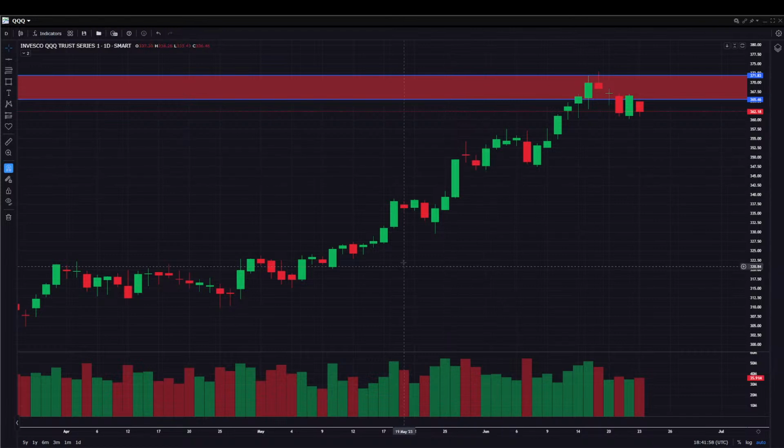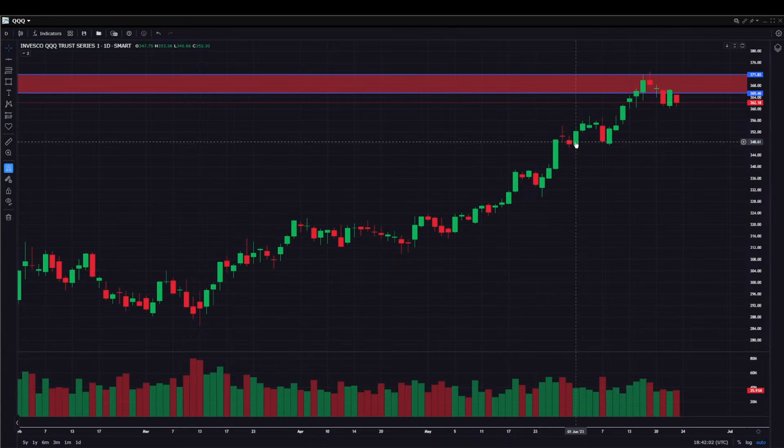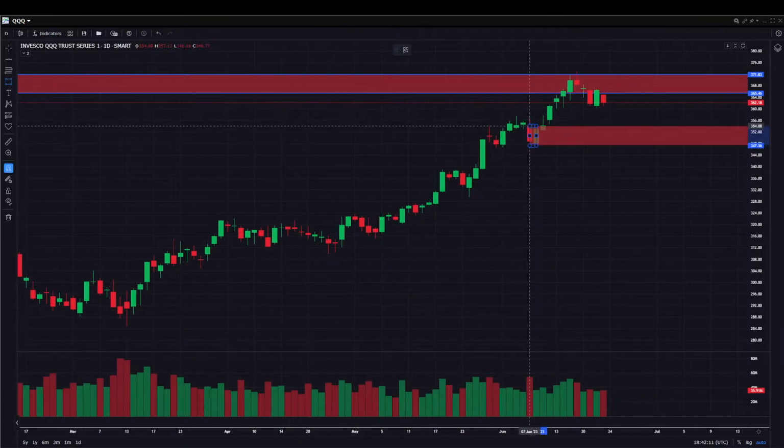Again, it doesn't change the trend on the daily, but it is a smaller retracement area. So it's a weak daily demand zone, if there is such a thing, but it's probably an area where we might see some buyers try to jump back in for this ride.